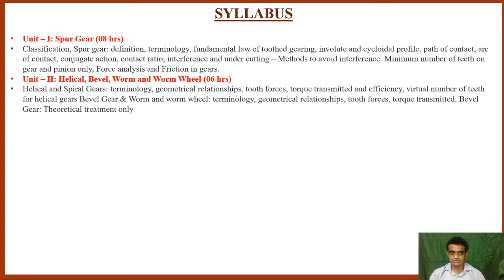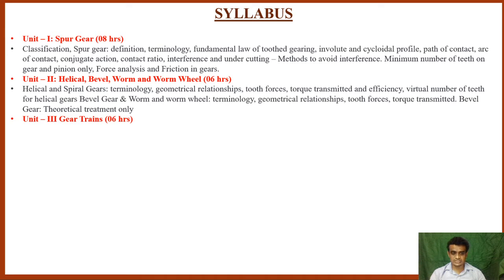By just viewing these gears, you can recognize that this is a bevel gear or a worm and worm wheel. That competency you will get after the completion of this second unit. There are different terminologies, and you can do the force analysis after completion of this unit number 2.